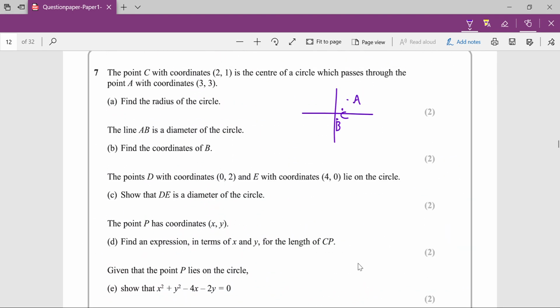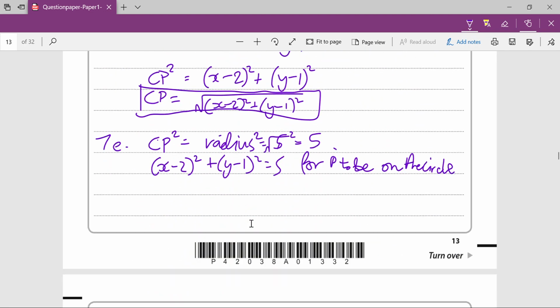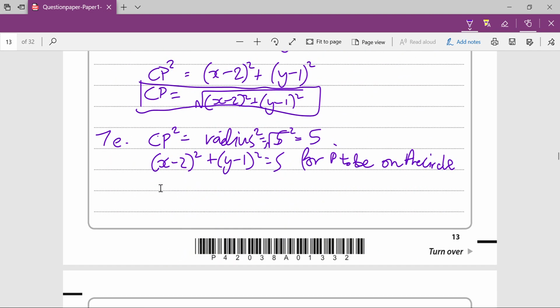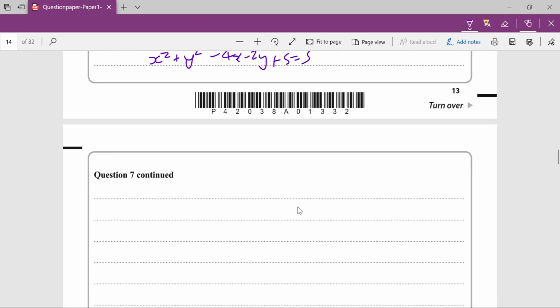And so if we expand those two brackets out, I suspect that we will get an equation that cancels out to this. So, first we have x squared minus 4x plus 4, which is x minus 2 squared, plus y squared minus 2y plus 1 equals 5. Or x squared plus y squared minus 4x minus 2y plus 5 is equal to 5. And you can kind of see how things are falling into place here.